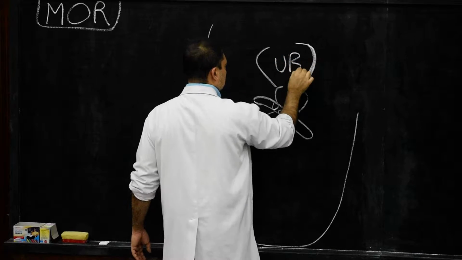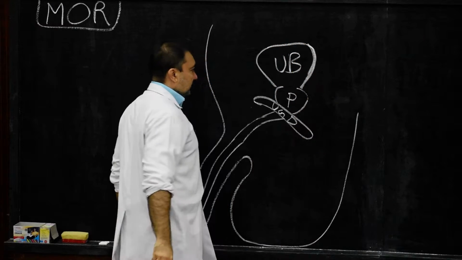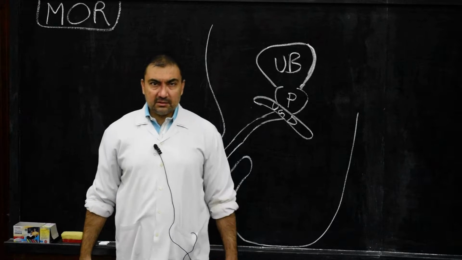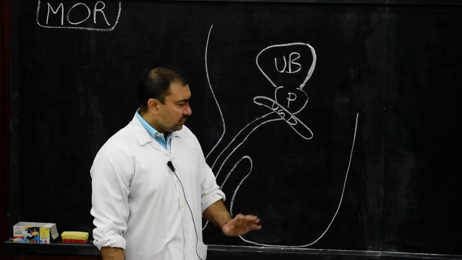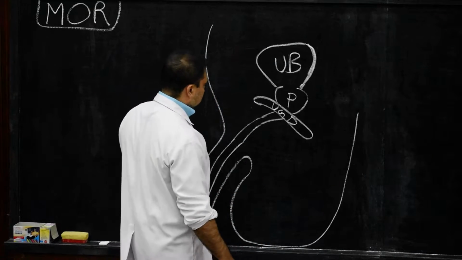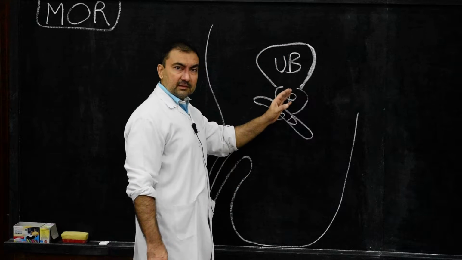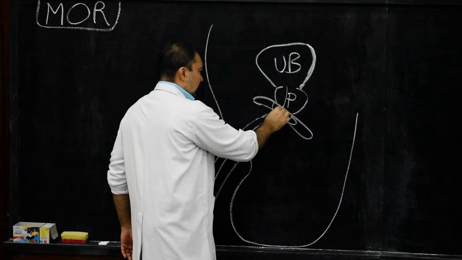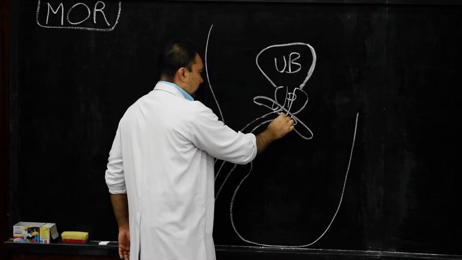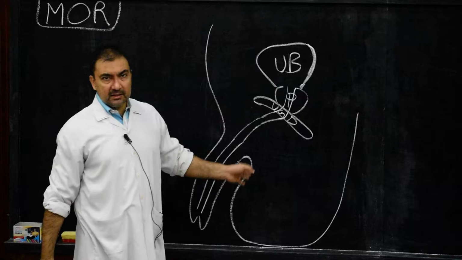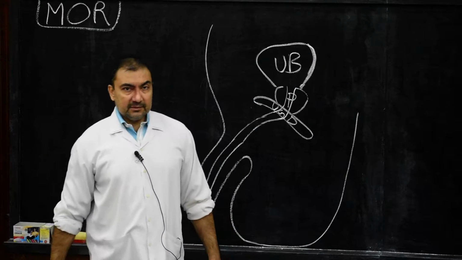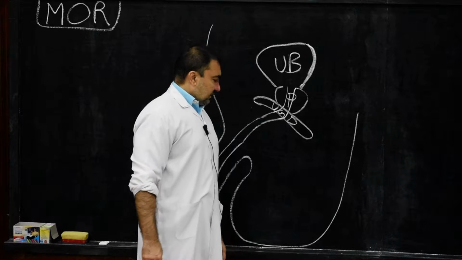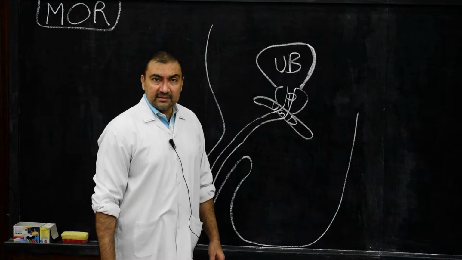So, this is a very rough diagrammatic representation. It is not perfect but a line diagram to understand the basic structure. So, urinary bladder, then the prostatic part of urethra here, and then membranous part of urethra and penile part of the urethra.